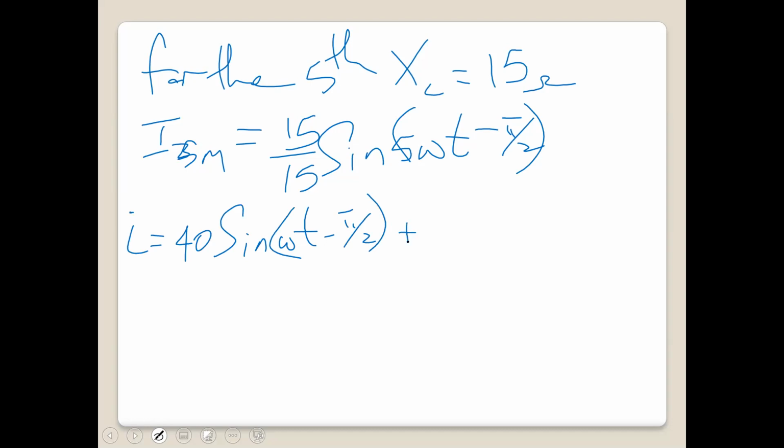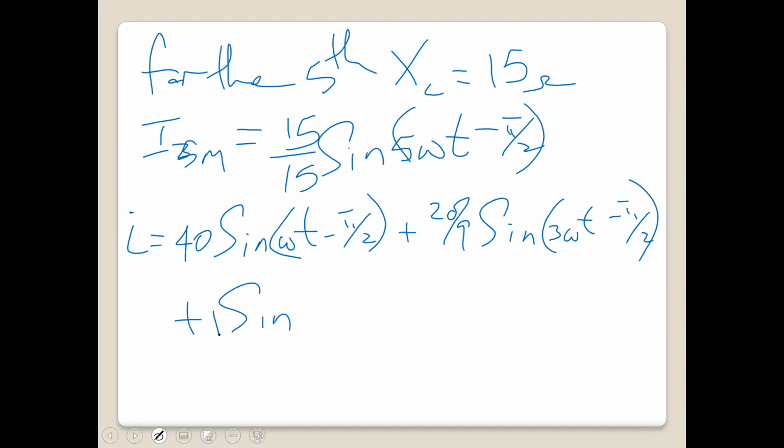For the third harmonic, it was 20 over 9 sine 3 omega t minus pi over 2, plus 1 sine 5 omega t minus pi over 2. I'm just putting in the 1 here, but obviously you don't need to. Does anyone have any questions?